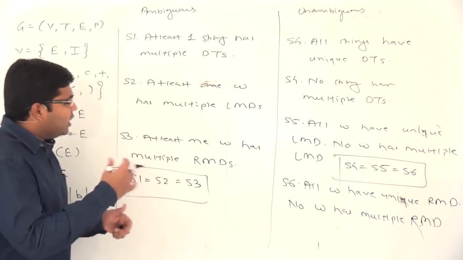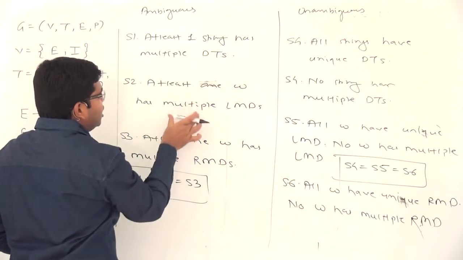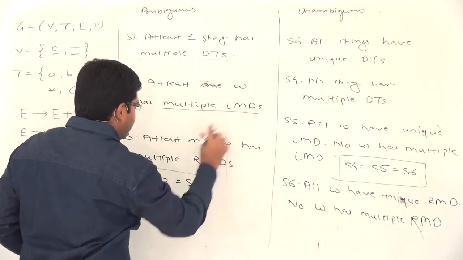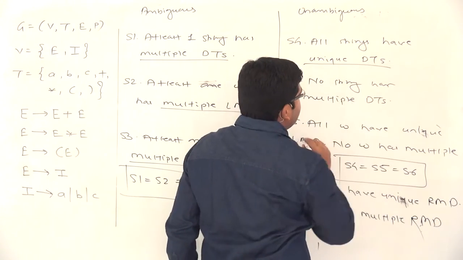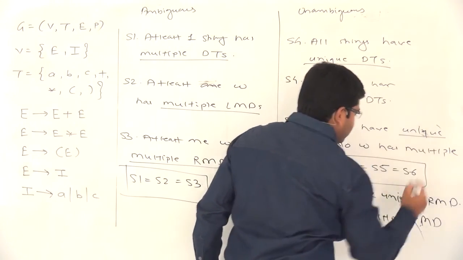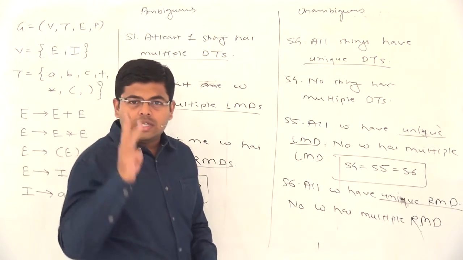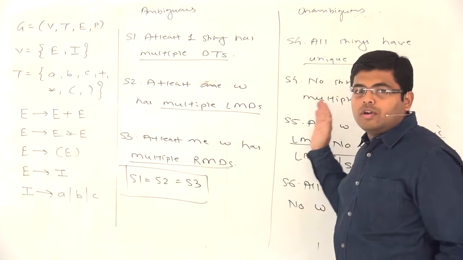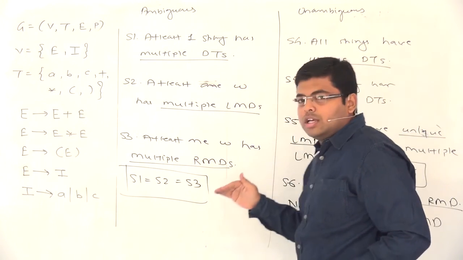So again, the important thing to note is that multiple derivation trees mean multiple LMD, and multiple LMD means multiple RMD. Here, unique derivation tree means unique LMD and unique LMD means unique RMD. So we have got three different definitions of ambiguous grammar and three different definitions of unambiguous grammar, using tree, using LMD and using RMD.